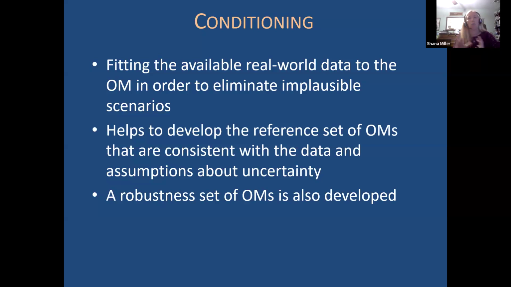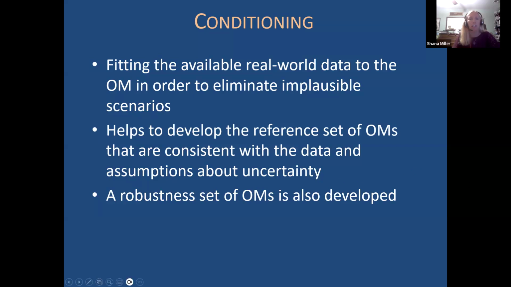There are also a robustness set of operating models that are possible, but less likely scenarios. Perhaps in a robustness operating model, for example, we would consider an extreme climate change scenario where the water temperature increased 5 degrees Celsius or something like that.